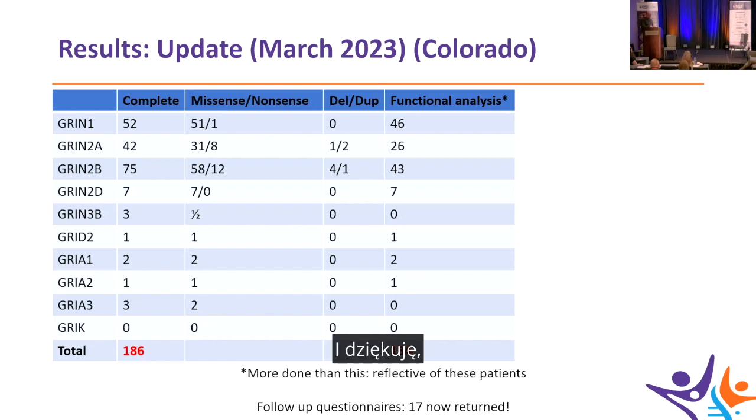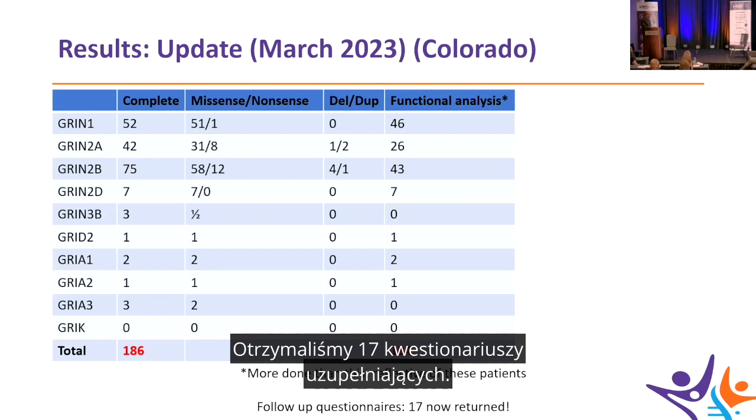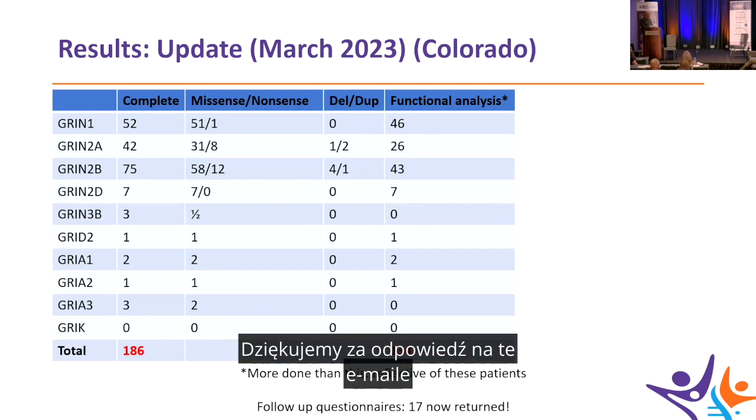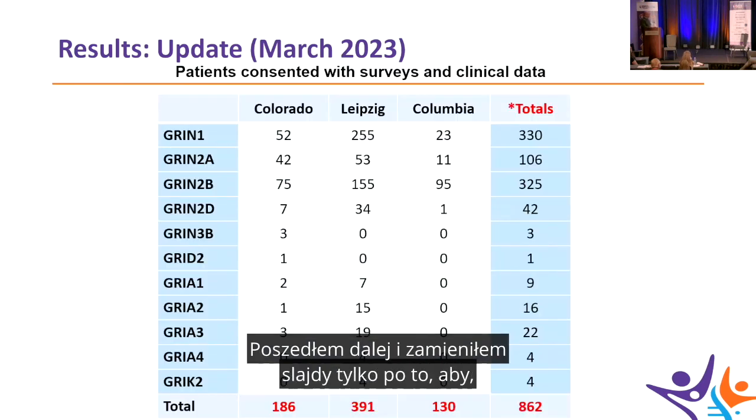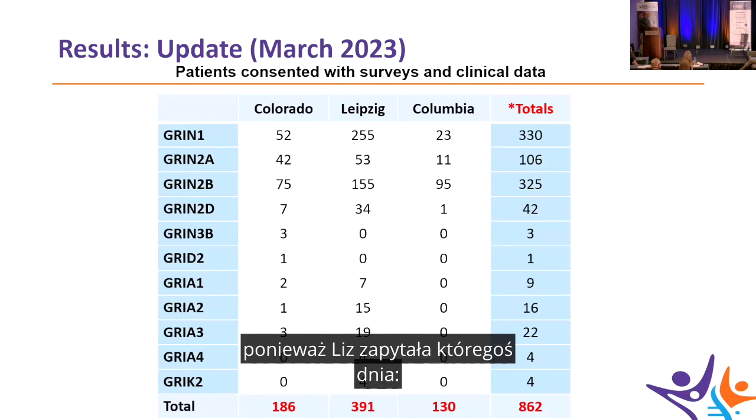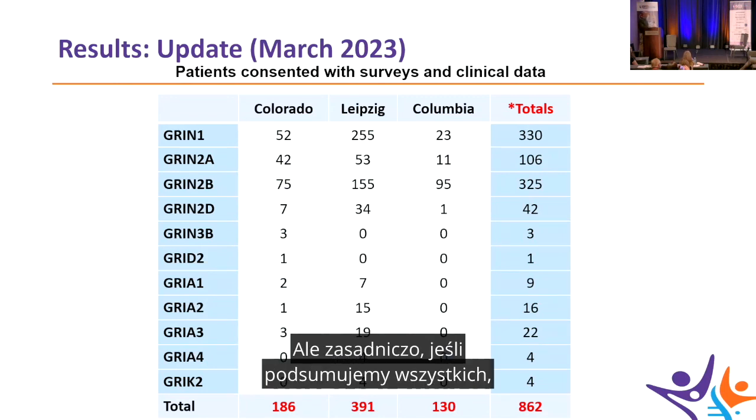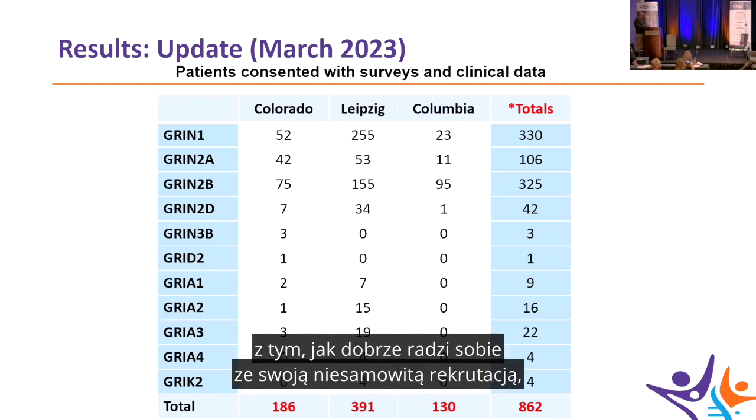And thank you, we now have 17 follow-up questionnaires returned. So that's good. Thank you for answering those emails and returning the follow-up questionnaires. I've swapped my slides around because Liz asked the other day. If we summarize everybody, Johannes's group is kicking us with how well he's doing with his awesome recruitment.